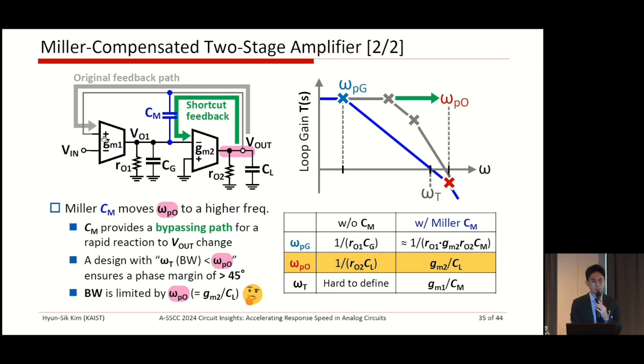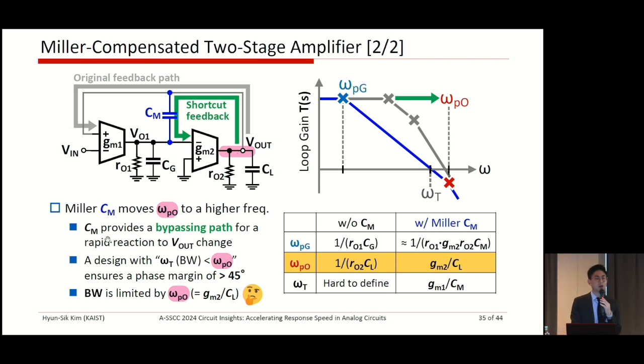But Cm provides a shortcut to react to the change of Vout directly at the second stage, right? This is a shorter path. So we can intuitively understand that a more rapid and immediate response is possible by signaling into here rather than the original signal path, right? This is why the second pole is moved to a higher frequency.